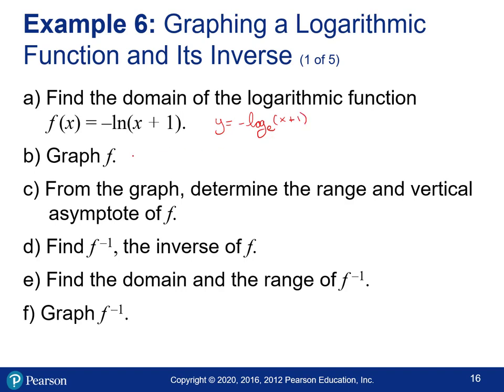So we're going to graph that function after finding the domain, and then figure out the range and the vertical asymptote, and then we're going to find the inverse function, find the domain and range of that, and graph that as well. But it's going to be fairly straightforward to do the work with the inverse function after we figured out all of the steps for the original function.